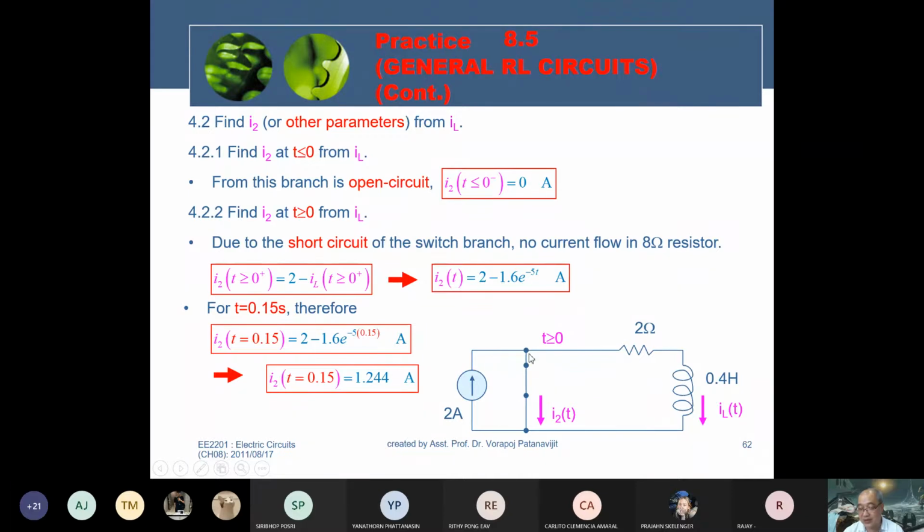When it's 0, I2 will be equal to 2 amps, because IL will revert the direction of the 2 amp source. I2 at the time equal to 0.15 equals to here.